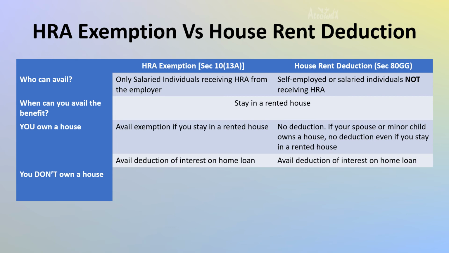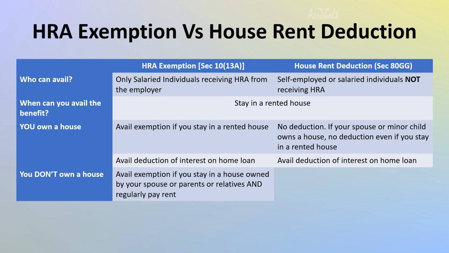Next, what if you don't own a house? You can avail HRA exemption if you stay in a rented house. If you stay in a house owned by your spouse or parents or relatives, and if you regularly pay rent, you will still be able to avail HRA exemption. If you don't own a house, you will be able to avail deduction under section 80GG.